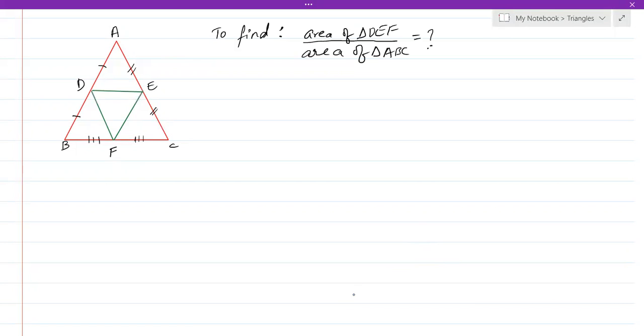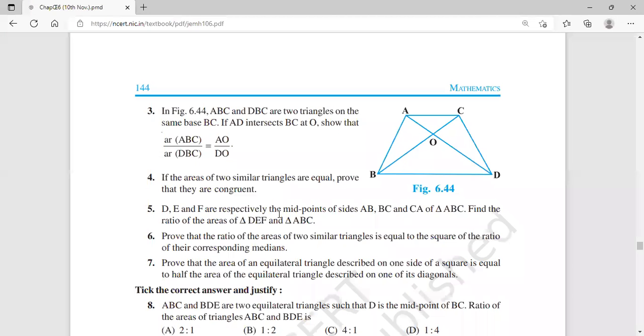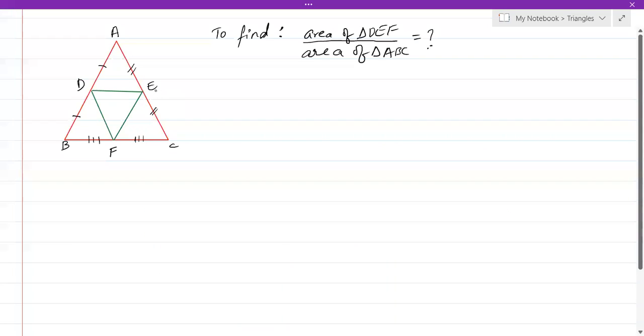Quickly, let's just check whether the question is correct or wrong. So D is a midpoint of AB, E is a midpoint of BC, and F is a midpoint of CA. Okay. So here it should be E, and here it should be F. Let me change it.